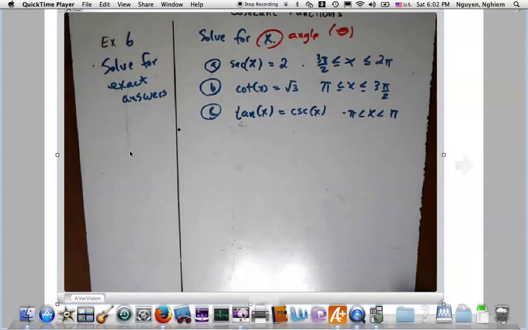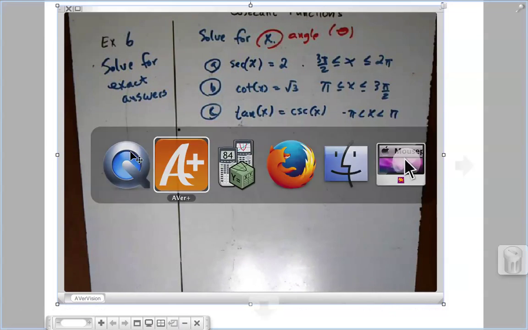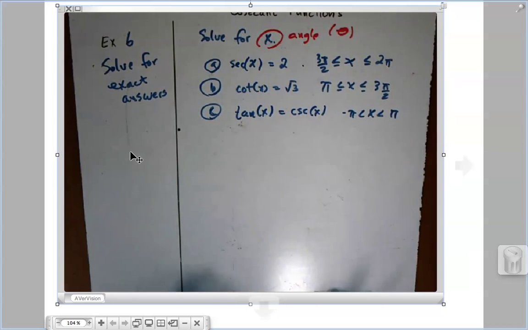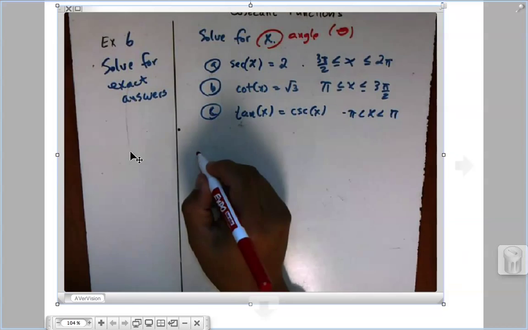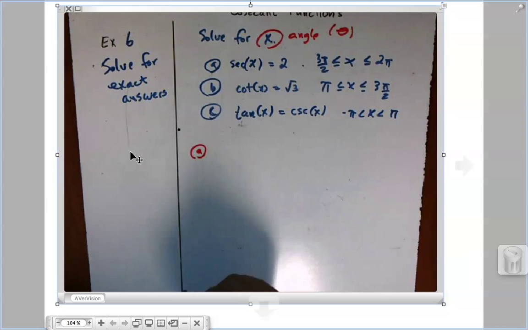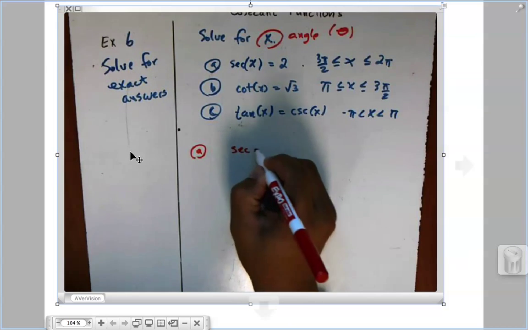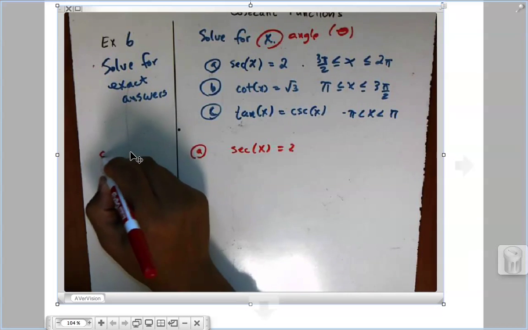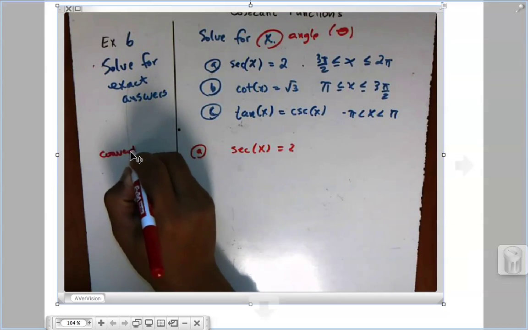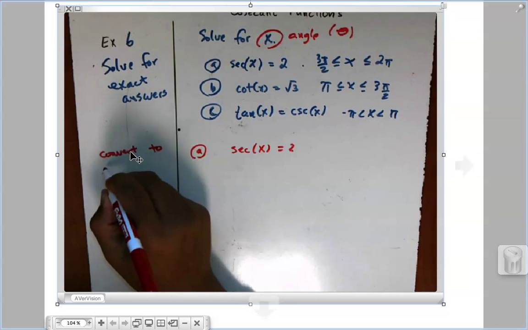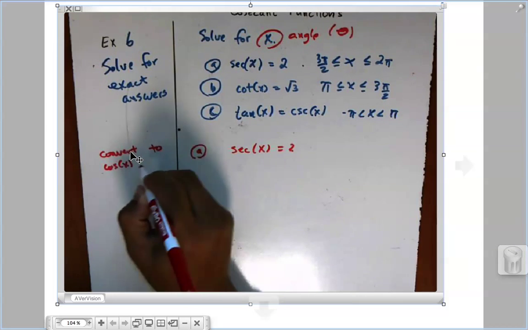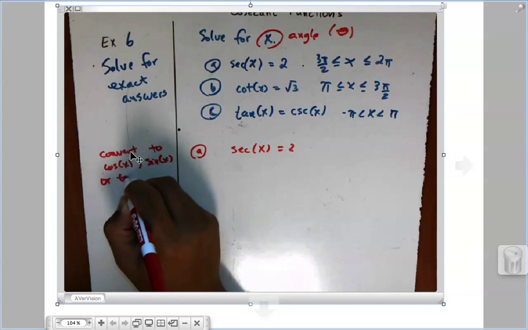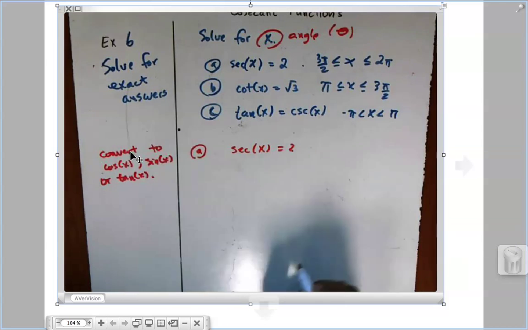Okay? So we can only treat this if we work with our trig ratios. So I'm going to solve it this way. I'm going to say that secant of x is equal to 2, and I'm going to convert any of these to something that's familiar, cosine, sine, or tangent, because that's a little bit easier for me to work with.